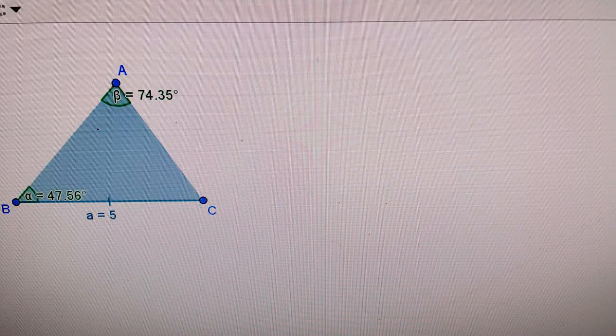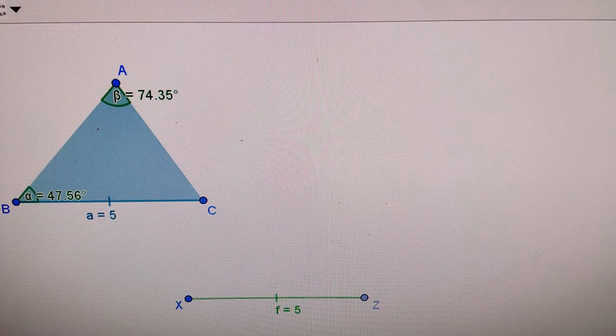You have two angles, angle A and B given, and one side BC which is not included between the two angles. Such a triangle again you have to construct now. For that you have to draw a segment XY of length given as BC, that's 5 centimeter.